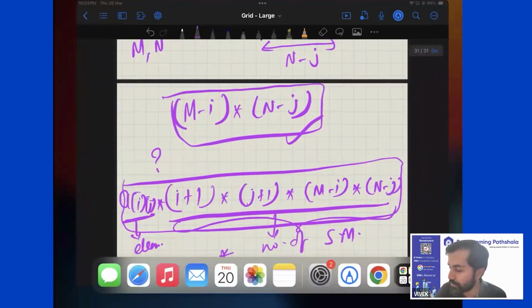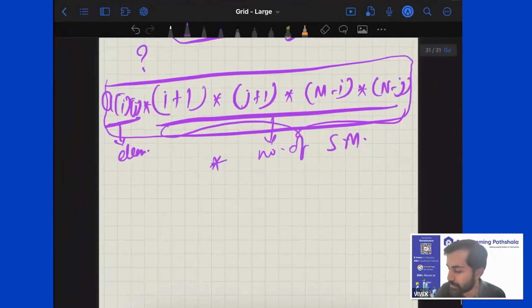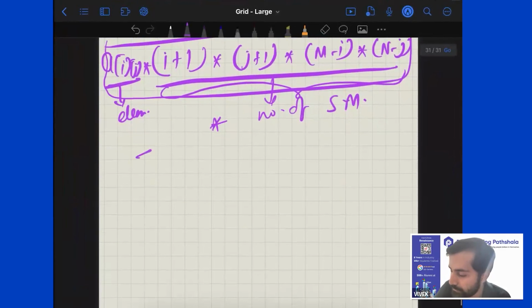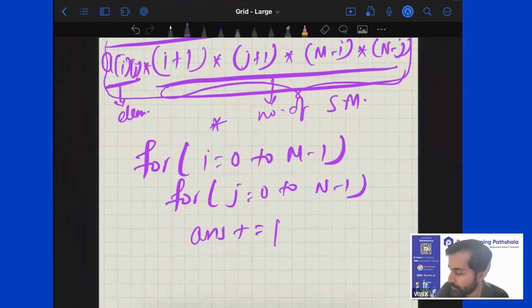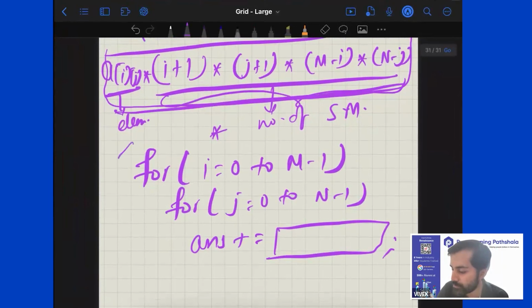So now there is nothing much left. You can just iterate on all the elements, i equals 0 to m minus 1, j equals 0 to n minus 1, and then update your answer using this formula. So what is the complexity now?